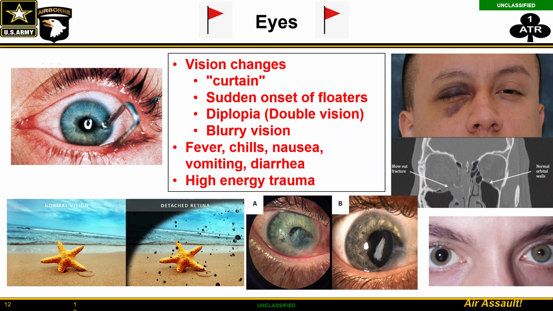Another example, bottom right corner, this is called anisocoria. Some people do have this physiologically, so if you notice this on a soldier, make sure you're asking them, do you take any medications that could cause this, or have you ever been told before that your pupils are unequal? Because for some people, that's just normal. Most people, if that is normal for them, know it and have been told before, so they can tell you that.